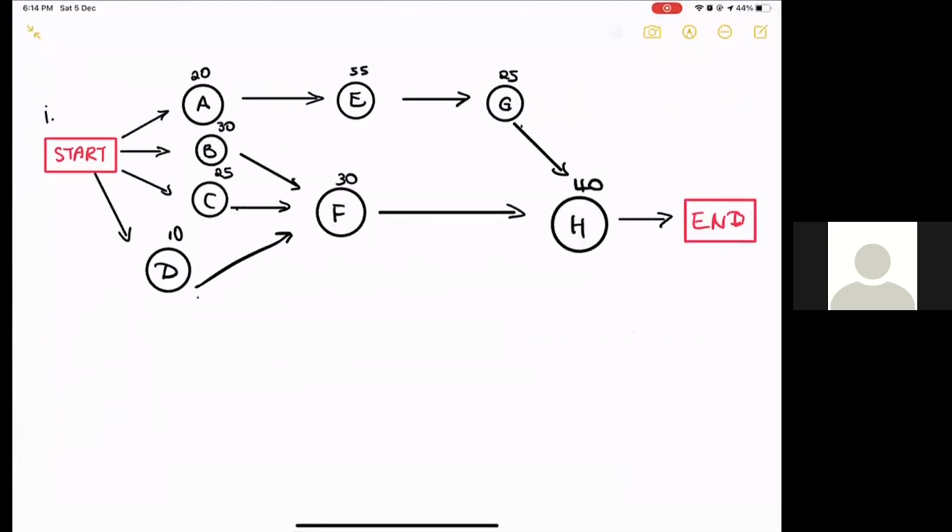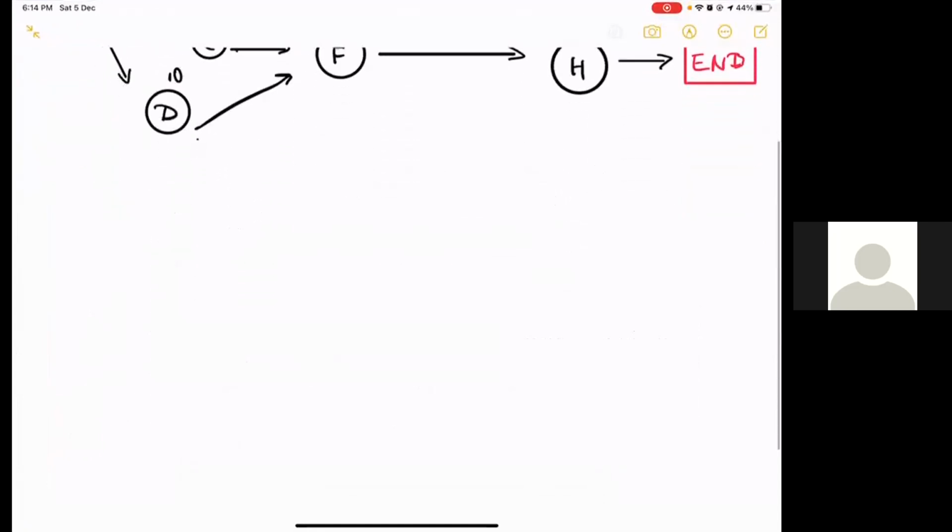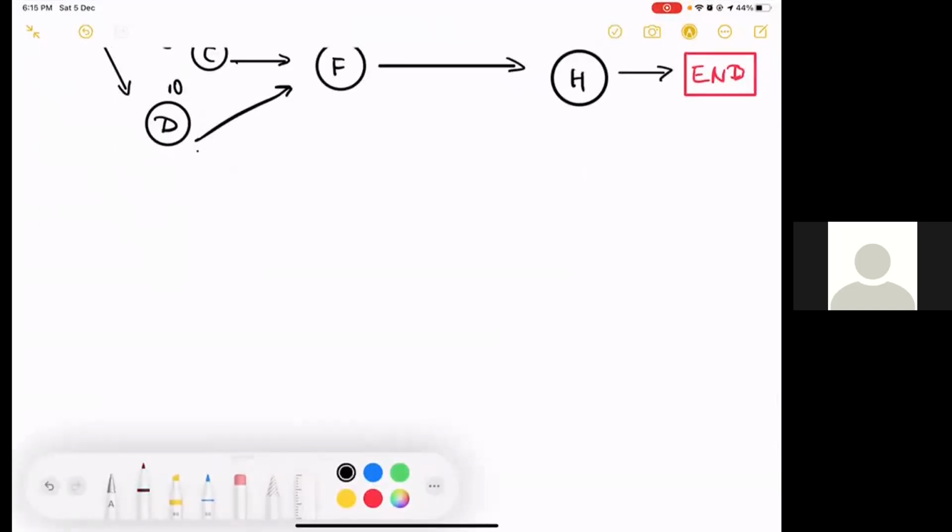All right, so part two, we're doing that. Oh, it's still in red. Okay, part two.